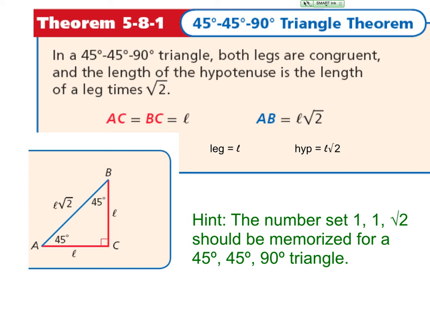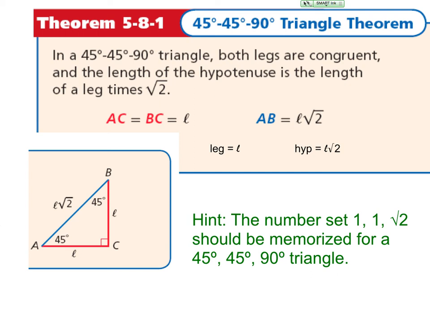Come up with what the hypotenuse is. So the leg is L in my notes there. The hypotenuse would be L times the square root of 2. When you get to your trig class after Algebra 2, a lot of you will be taking trig. The first day or so, she'll run back through right triangles, 30, 60, 90s, 45, 45, 90s.